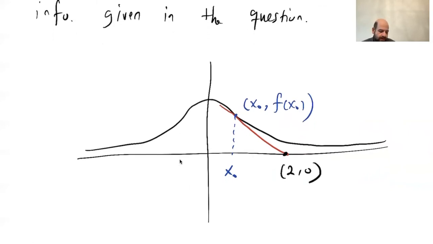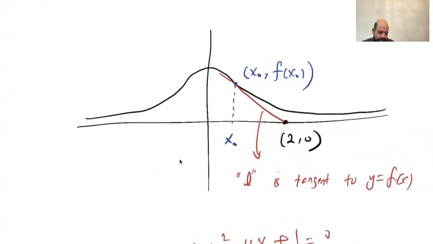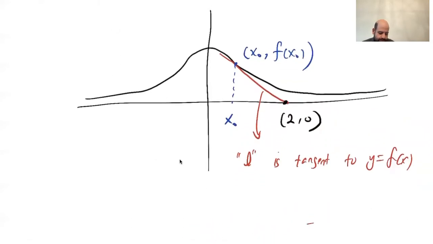So this tangent line, if I call it L, is tangent to y equals f of x at x0, f of x0, and passes through (2, 0).